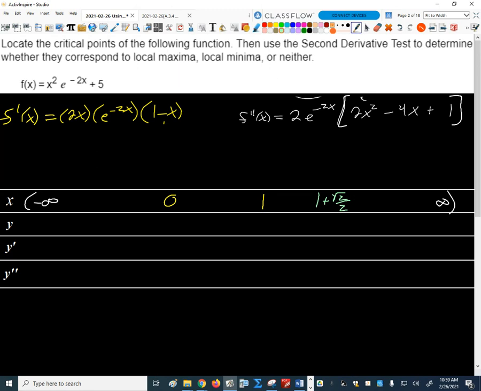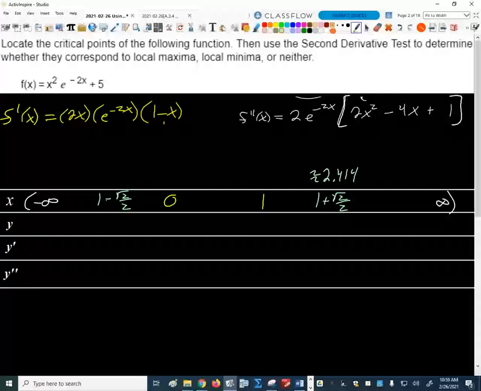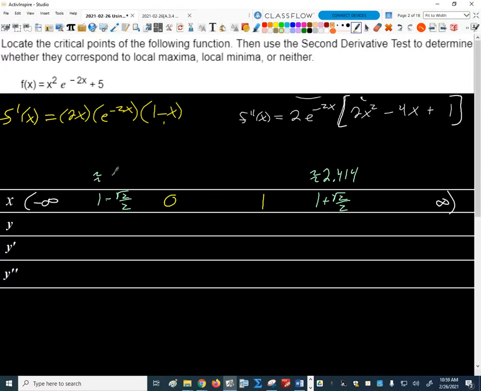So then down here, we're going to get a negative value, 1 minus the square root of 2 over 2. If I want to put in rough approximations, that's approximately 2.414, and this would be approximately negative 0.414, I believe. So they're just to give us an idea what kind of test values we want to pick.